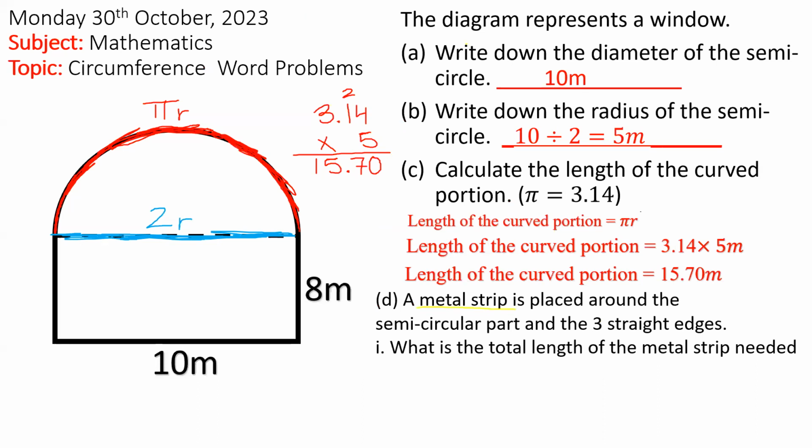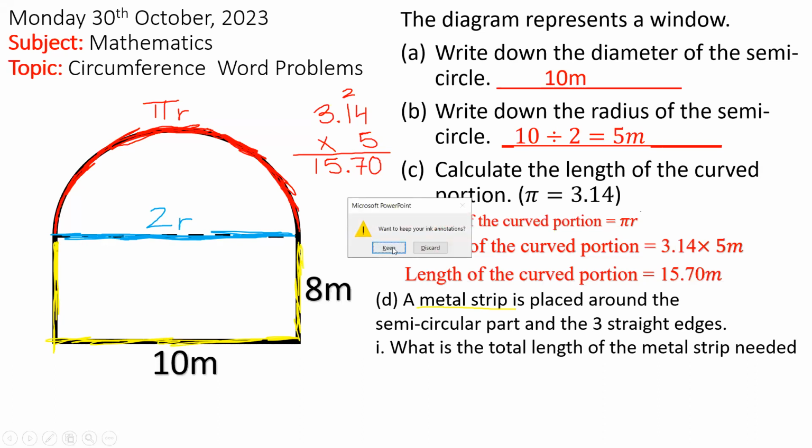So the yellow is the metal strip. The metal strip is placed here, along the three edges, and here. So that's where the metal strip is placed.